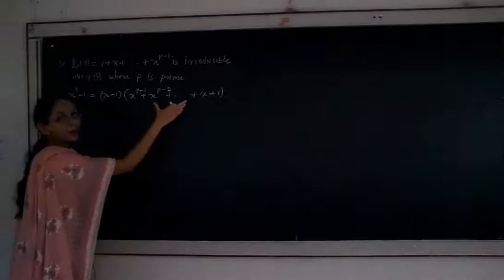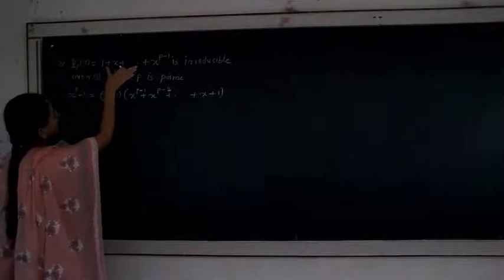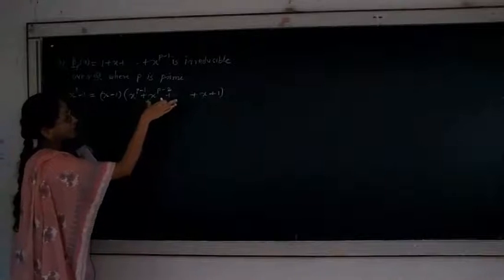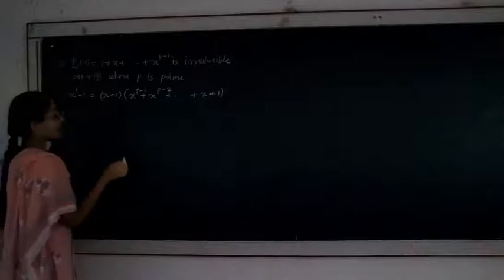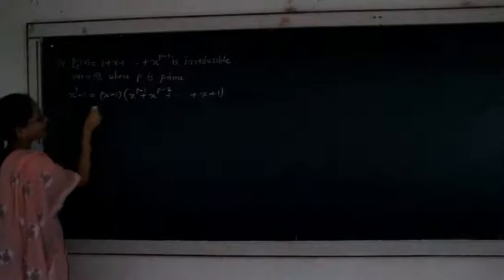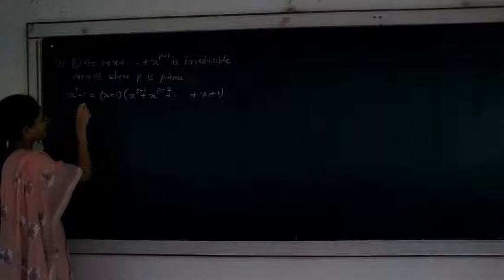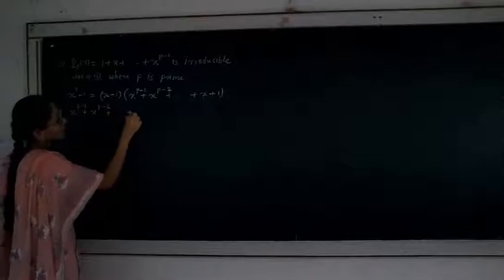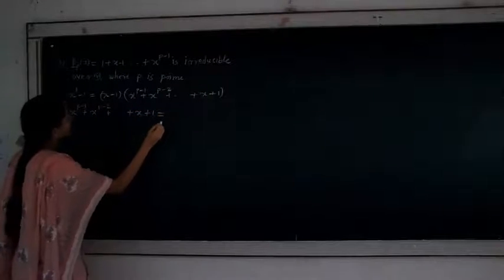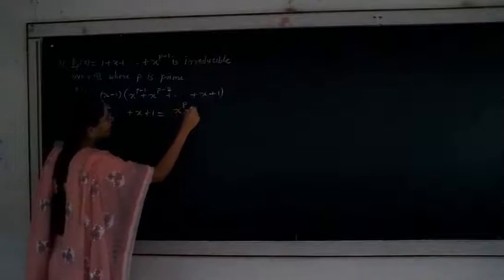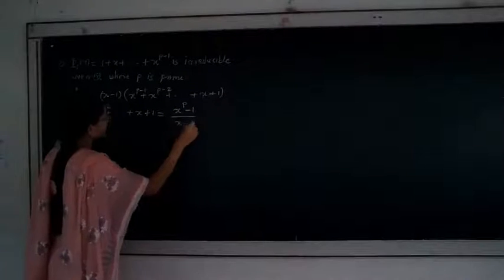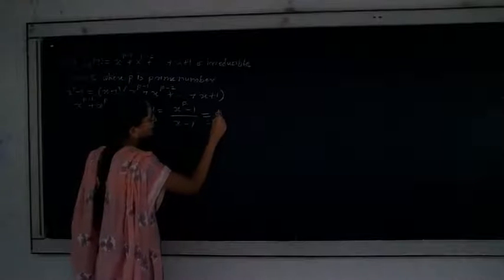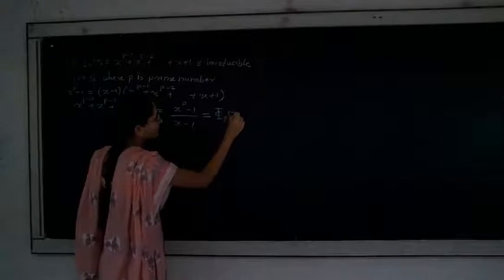We are given this polynomial and we want to show that it is irreducible over Q. Hence, take this polynomial on one side: x^{p-1} + x^{p-2} + ... + x + 1 = (x^p minus 1)/(x minus 1), which is equal to the given polynomial phi_p(x).